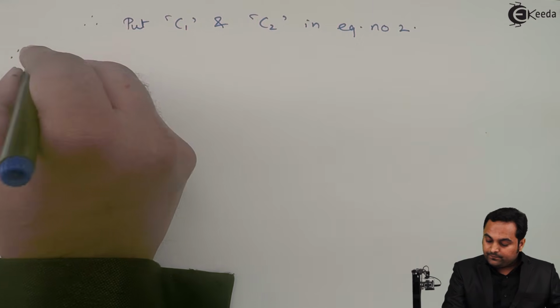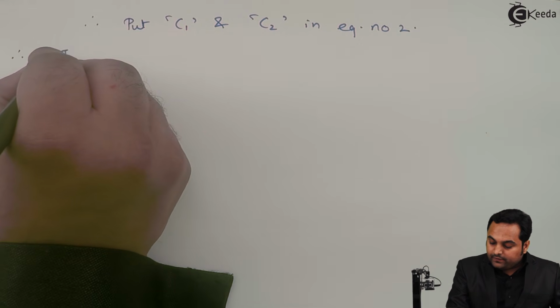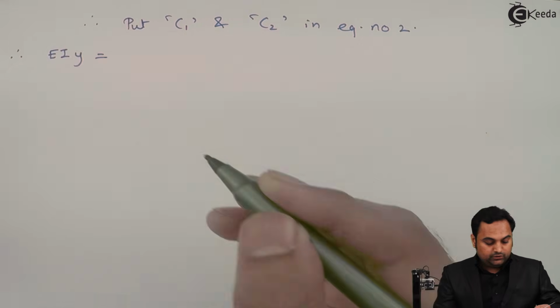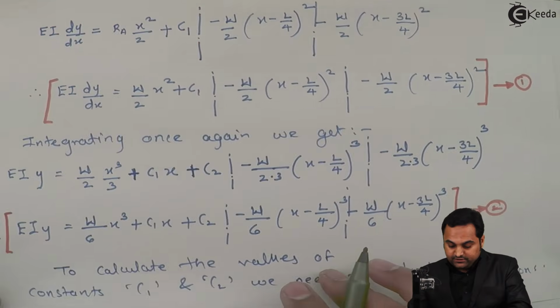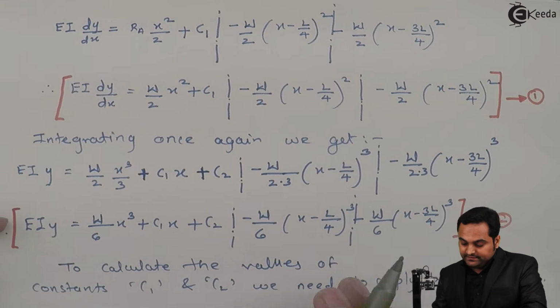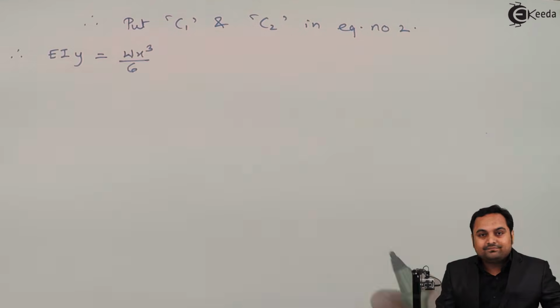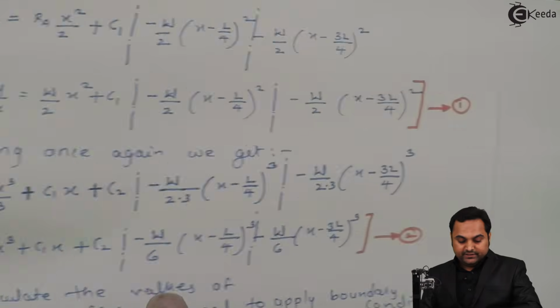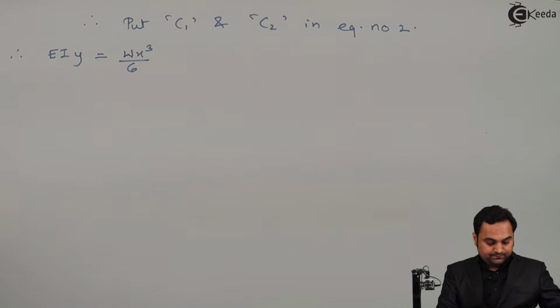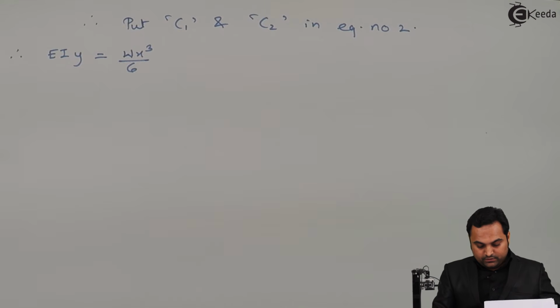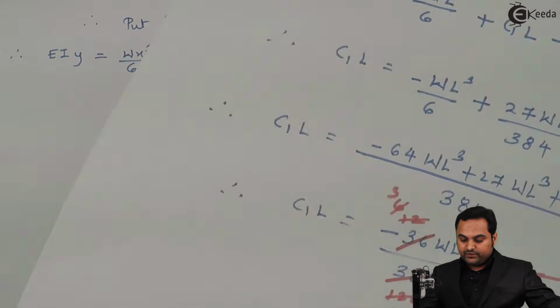So we have EI into Y is equal to, first is Wx cube by 6, that will remain as it is, plus C1 into X. Now C1 we have found out previously, it was minus 3 by 32 into WL square.